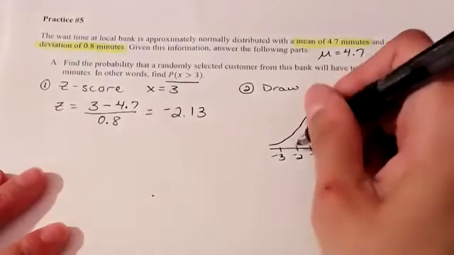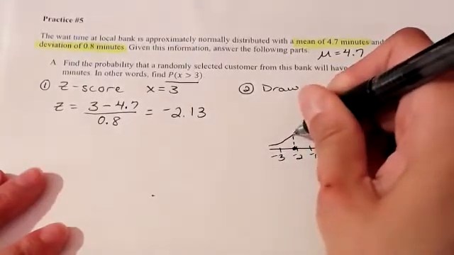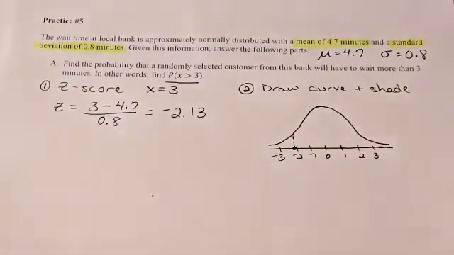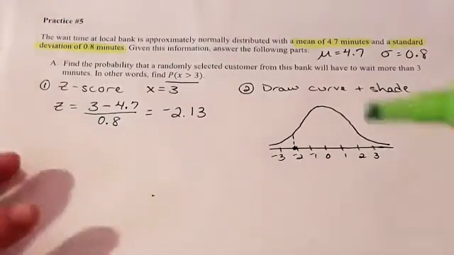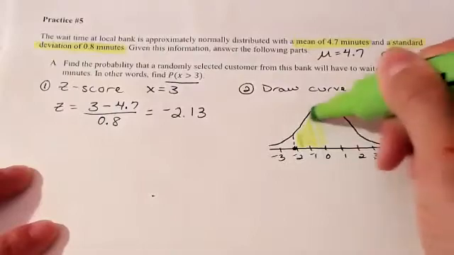Negative 2.13 is approximately here. We draw our dotted line up. Which region am I interested in shading? Above. Yeah, above. Beautiful. So we're going to shade this region here.